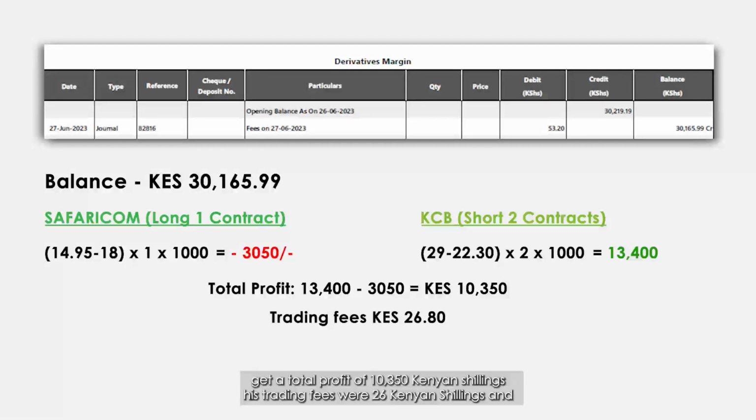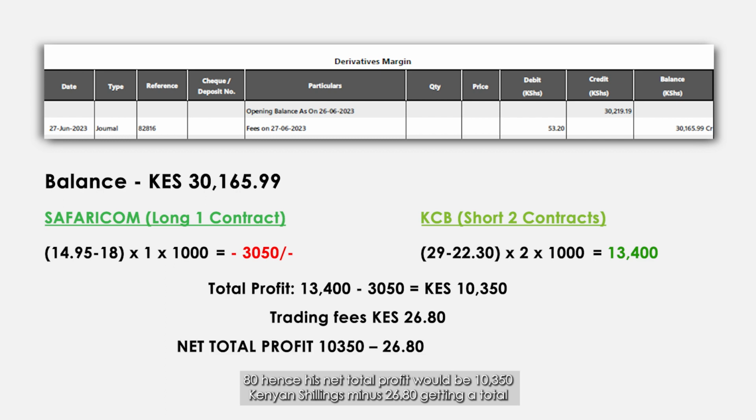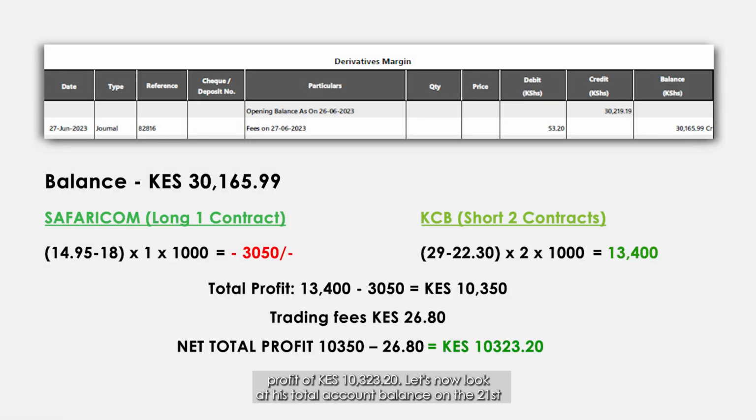His trading fees were 26 Kenyan shillings and 80 cents. Hence, his net total profit would be 10,350 Kenyan shillings minus 26.80, getting a total profit of 10,323 Kenyan shillings and 20 cents.